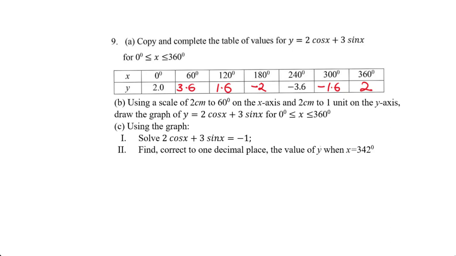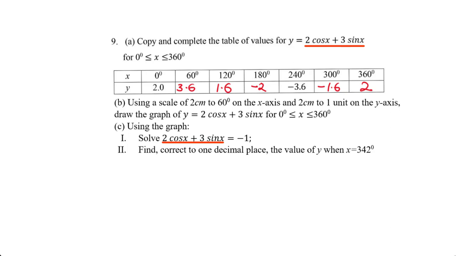So now in this case, we know that this equation is the same thing as this equation, right? But in this case, the question has equated the equation to minus 1, right?